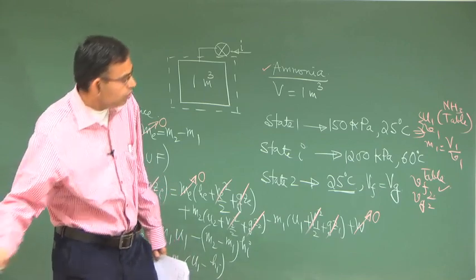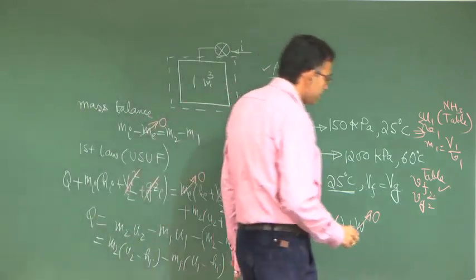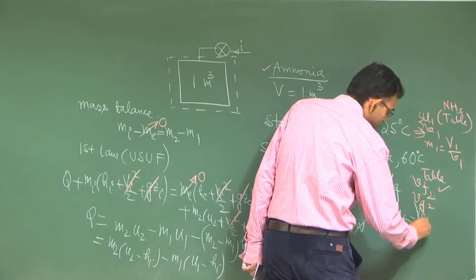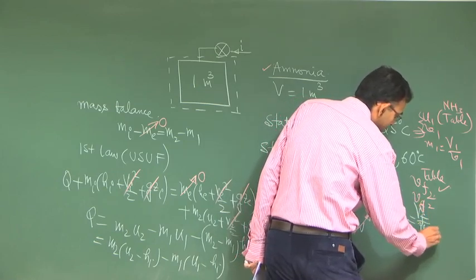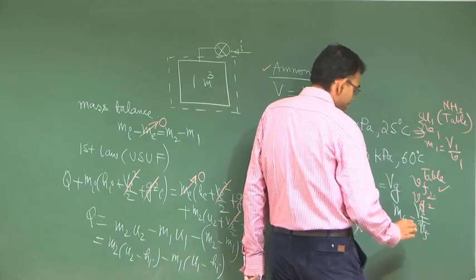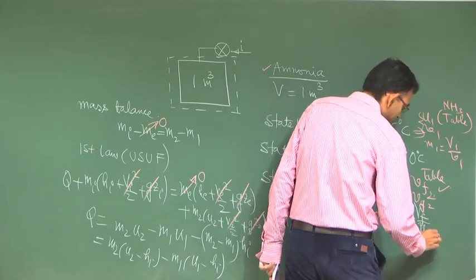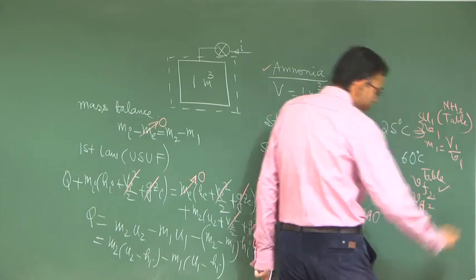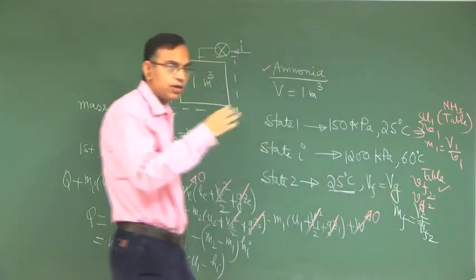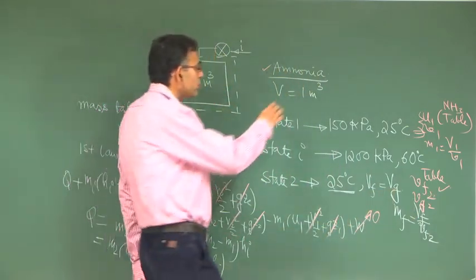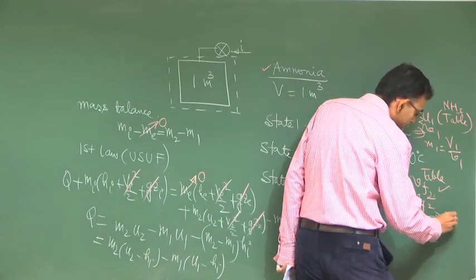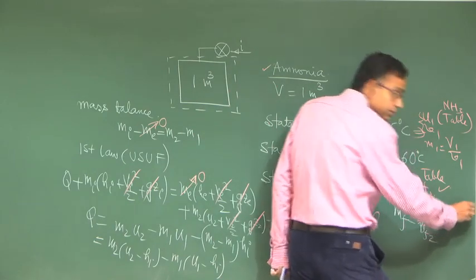See, here you have to use the basic definition of specific volume. So, the mass of vapor is Vg by vg2. What is this Vg? See, it is half liquid and half vapor. So, if total is 1 meter cube, this is half a meter cube.